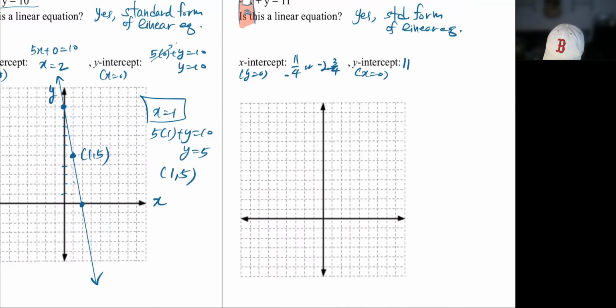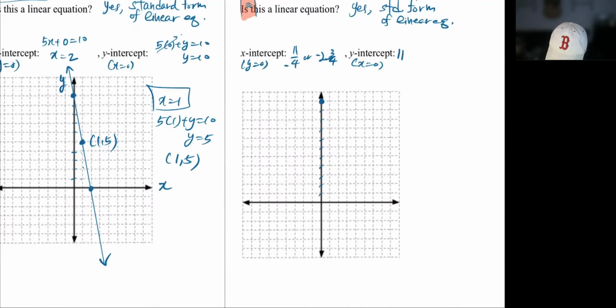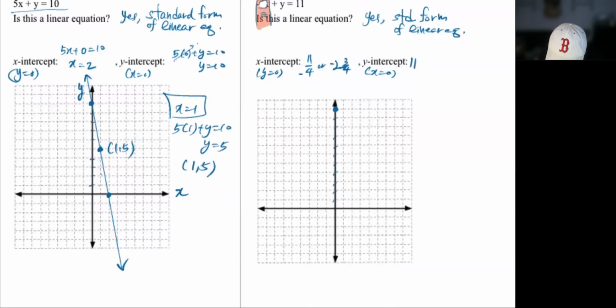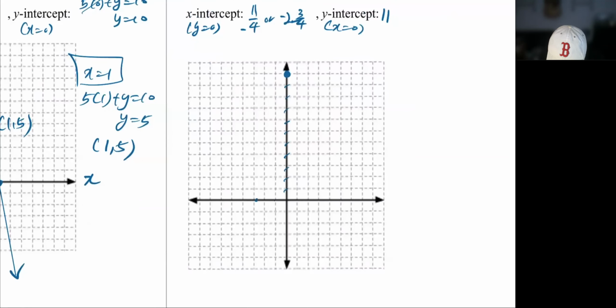So that's 11. 1, 2, 3, 4, 5, 6, 7, 8, 9, 10, 11. That is 11 right there. And the x-intercept is negative 2 and 3/4, right there.